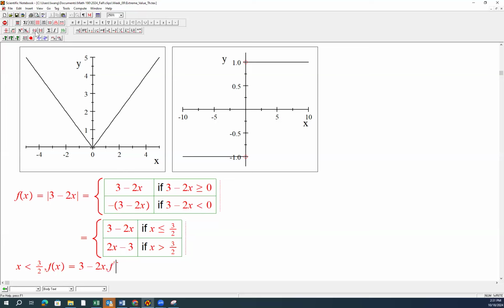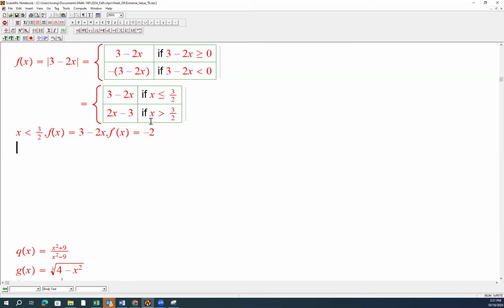The derivative would be negative 2. If x is greater than 3/2, the function would be the other piece, 2x minus 3. And what's the derivative? The derivative would be positive 2.